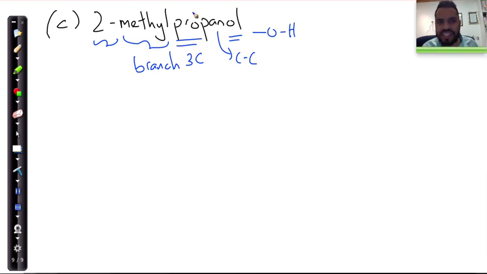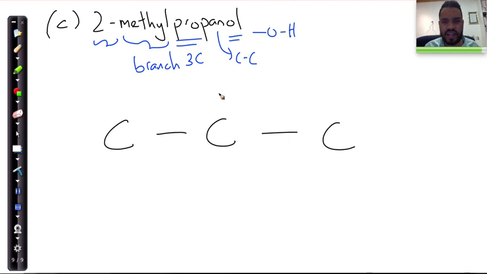Prop is going to be 3 carbons, so carbon 1, carbon 2, carbon 3. An means single bonds between those carbons. And on the first carbon, let's place the hydroxyl functional group, right? Like that. On the second carbon, let's put a methyl side chain, like that.